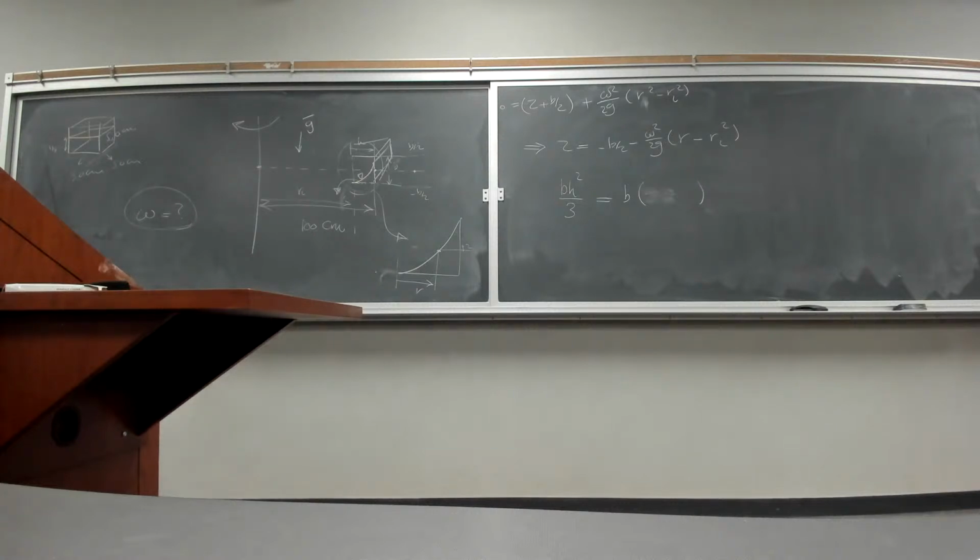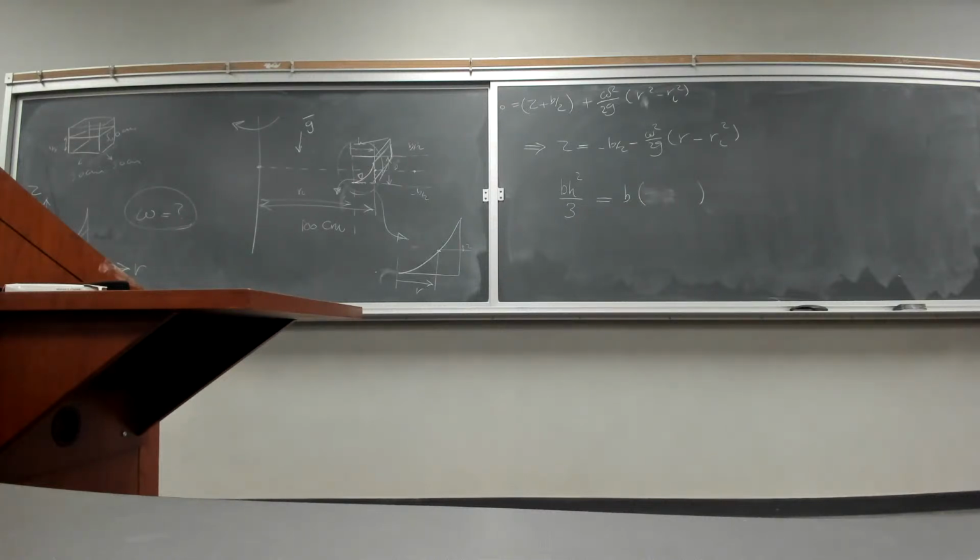Essentially, let's say this is a ZR plot, and this is something like this. We want to find the surface area underneath this curve, multiplied by the width of this, whatever that is. How can we find the surface area underneath this curve?